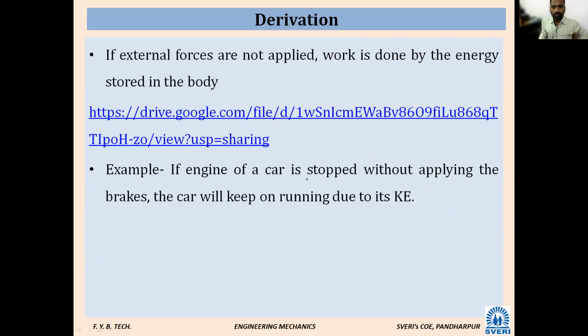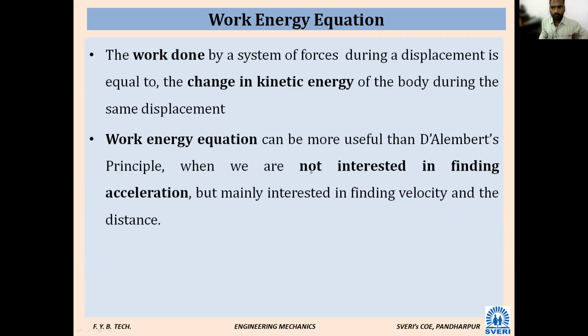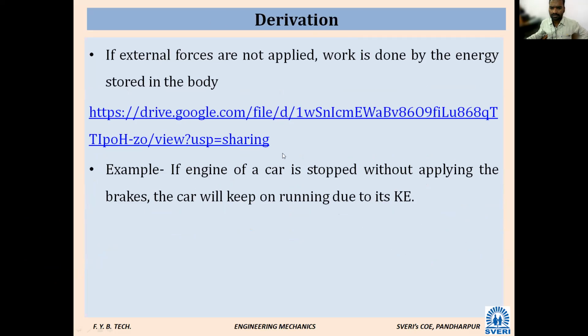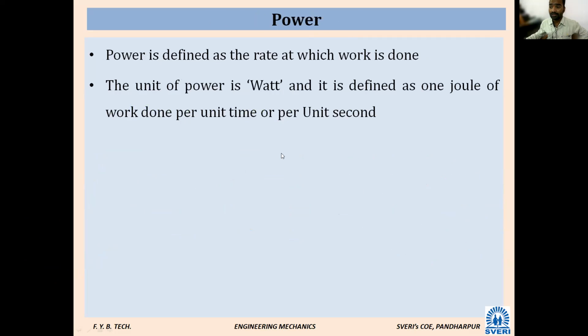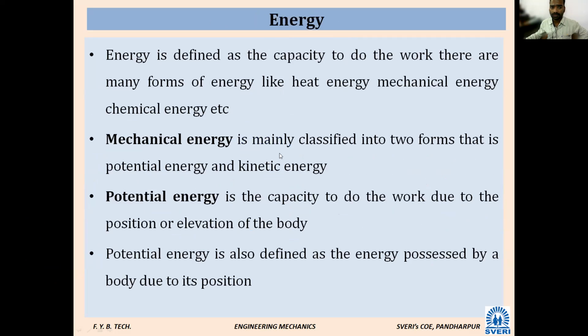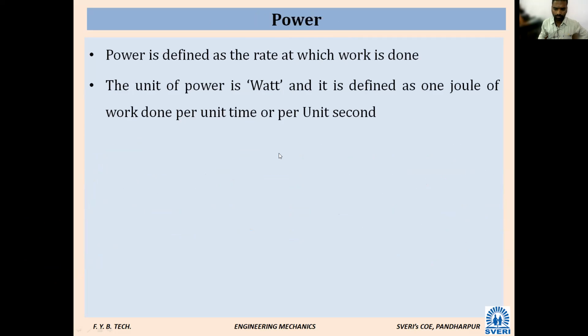Sir, what is the formula for power? Power is work upon time, the time rate of work. Time rate of work means what? See, already work is there. I have to do the work per unit second. Work is equal to how much? 1 force into 1 meter. Correct?